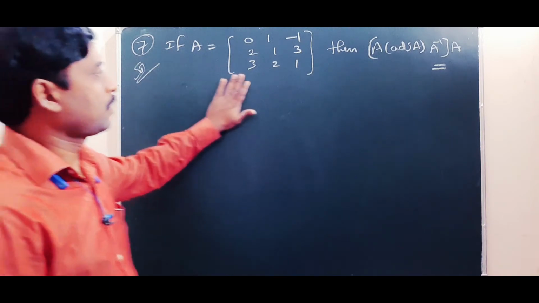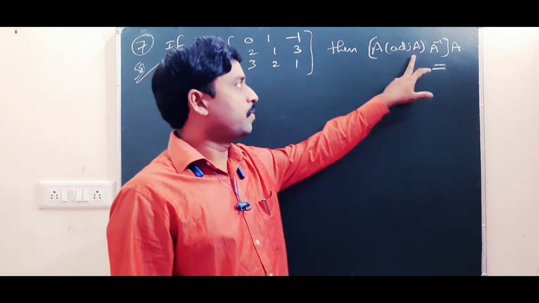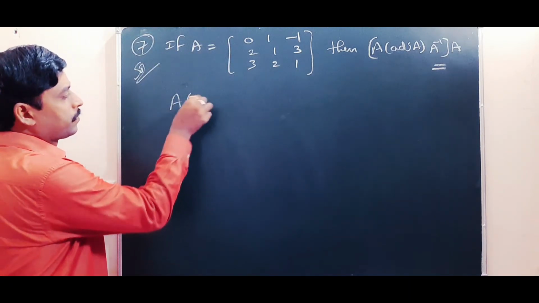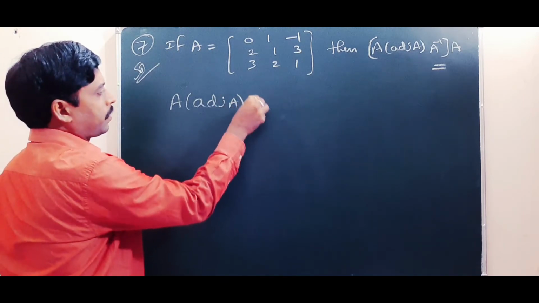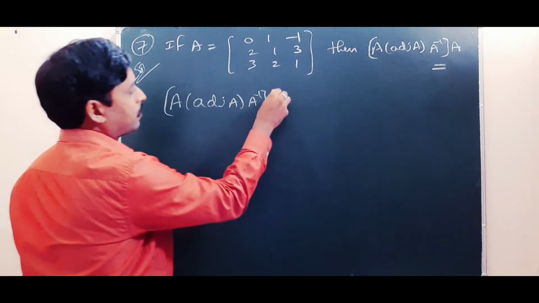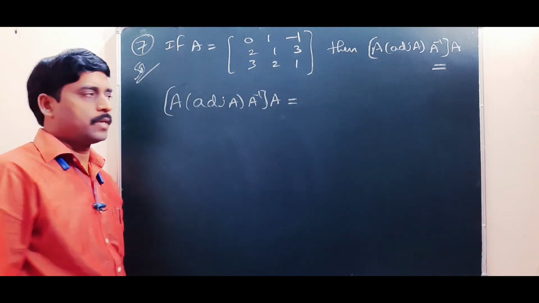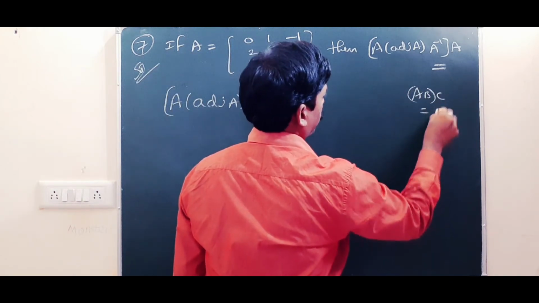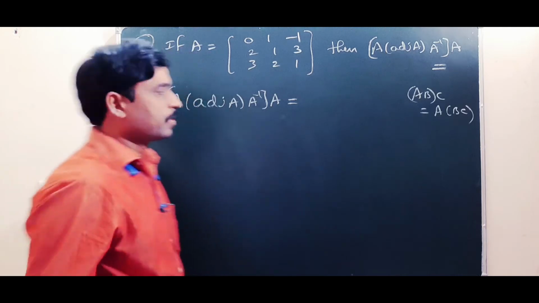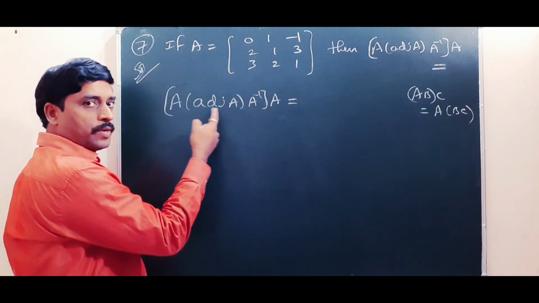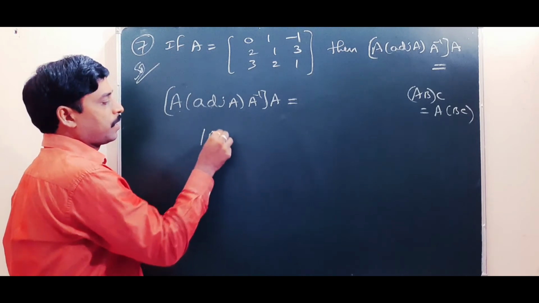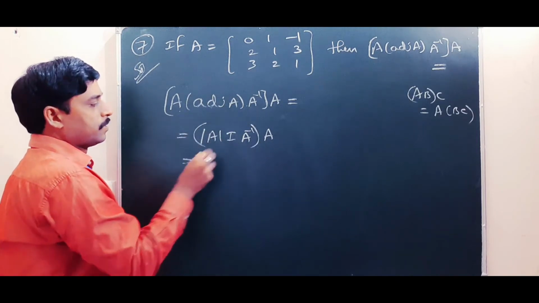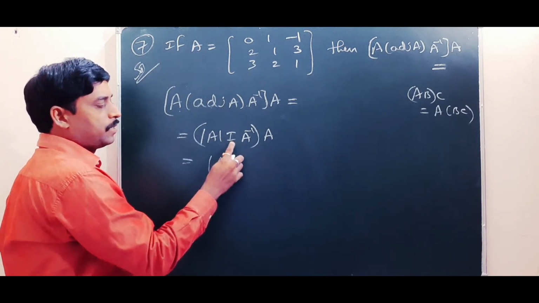In the statement, matrix A is given, and we have to find A into adjoint A into A inverse of A. What is our target? A into adjoint A into A inverse into A. Matrix multiplication satisfies the associative property, so we have (AB)C is equal to A(BC). First, applying A into adjoint A value, that is A into I into A inverse of A. So that is A into I into A inverse.